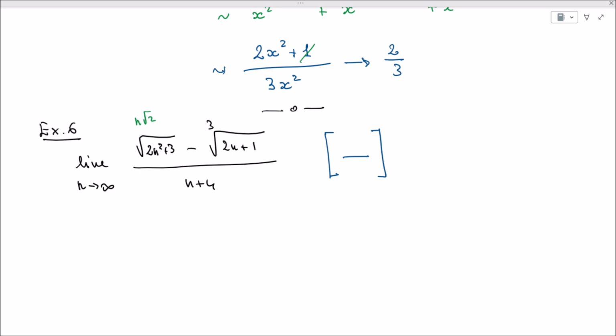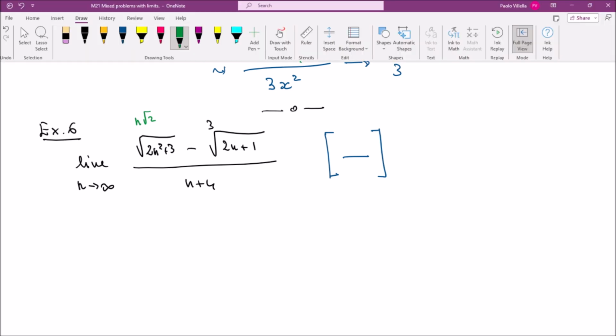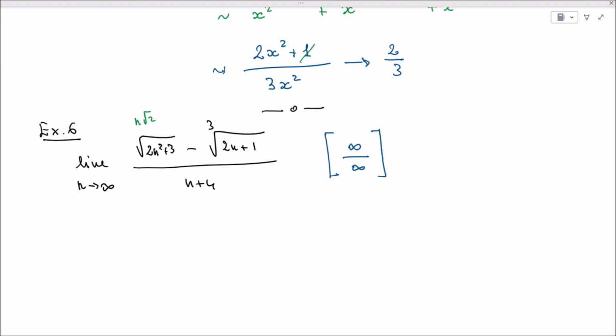We can extract from the root n squared, which becomes n. And on the other term, we have the cube root of 2n plus 1, which is negligible compared to that. So we can definitely say that this is infinity over infinity, another undetermined form.